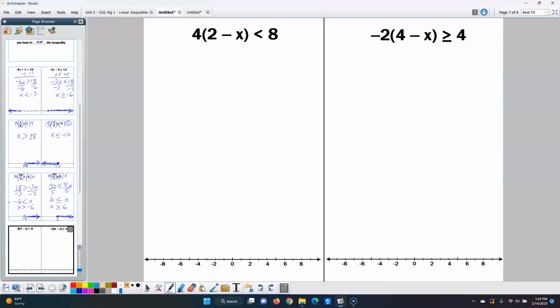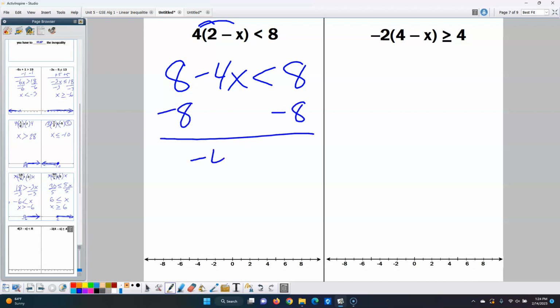Same kind of problem here. You're going to treat it as if it were one of those very first ones that we showed you. Just distribute right here. It'd be 8 minus 4x is less than 8. Subtract 8. Subtract 8. It's negative 4x is less than 0. That's weird.